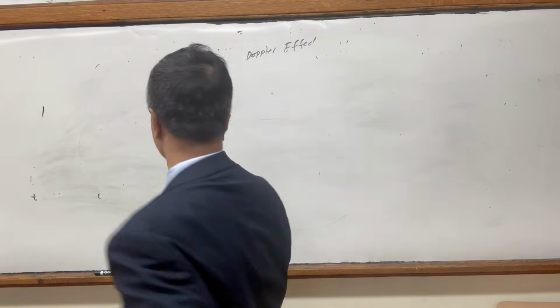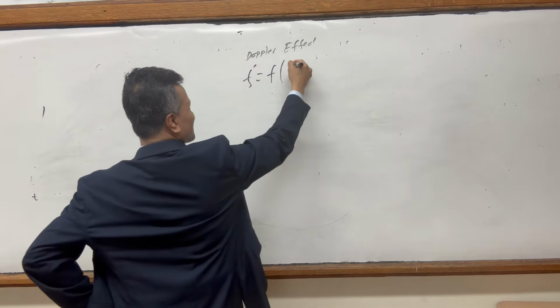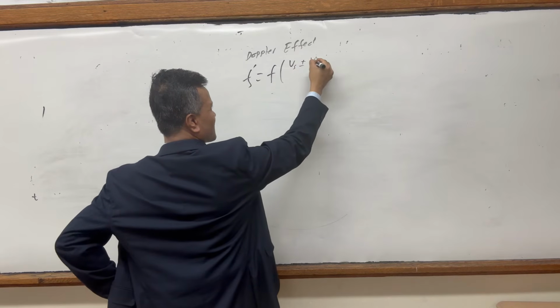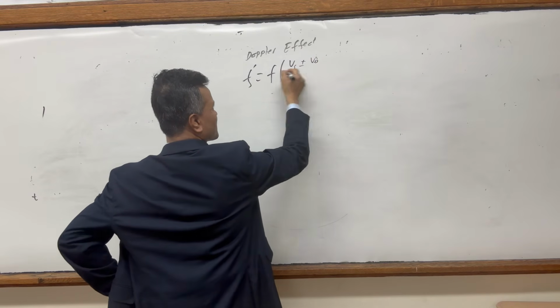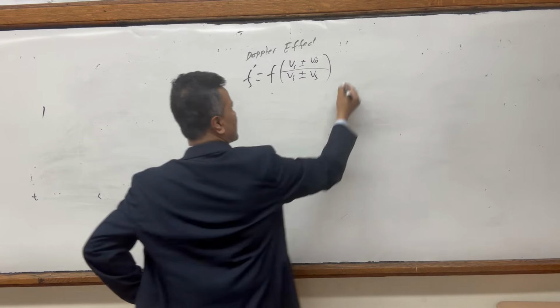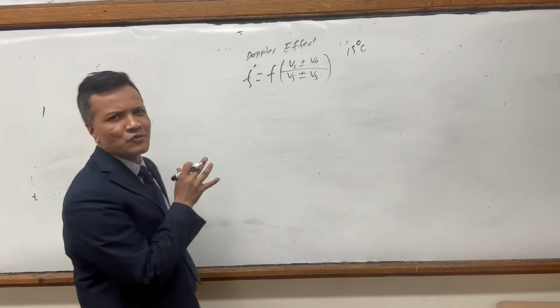How can you write it? Velocity of sound plus or minus velocity of observer, over velocity of sound plus or minus velocity of source. And we're going to keep 15 degrees Celsius, right? Okay, now how can we draw this?